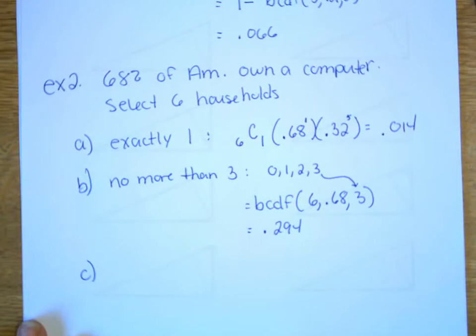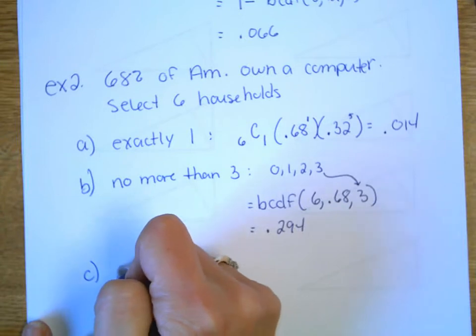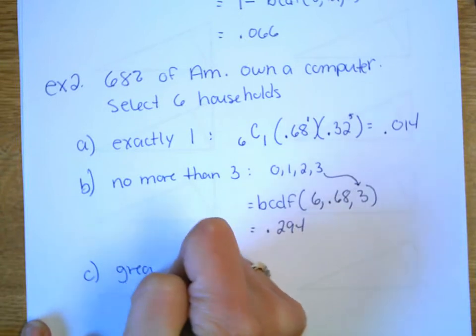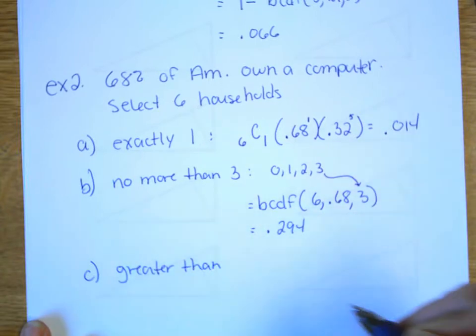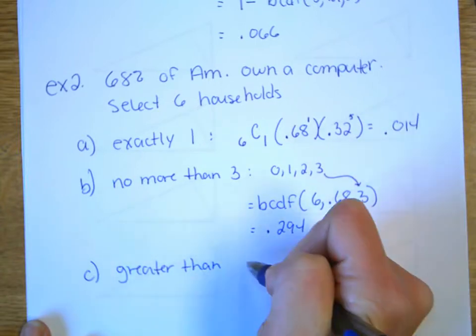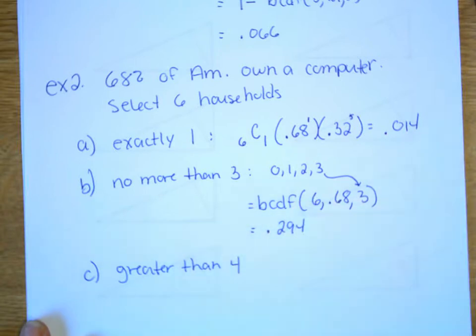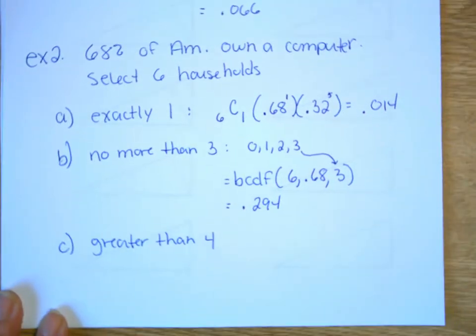At least, more than, what other phrases are there? That case is like greater than. Greater than 4, or more than 4 of the houses have a computer.